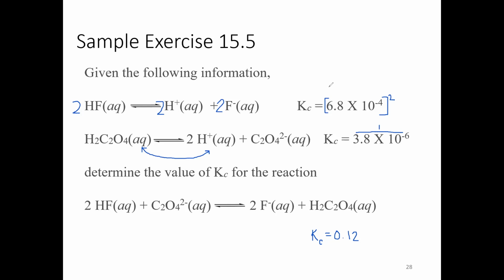With these, you can always double check to make sure the exponents are correct. If we wanted to, we could show our calculation like this, because multiplying by the inverse is really just the same as dividing by the original value. So we could have 6.8 times 10 to the negative 4 squared on top, and this on the bottom as the original number.